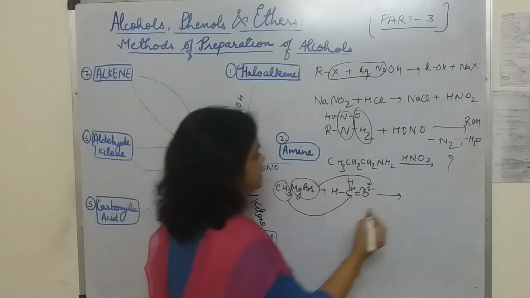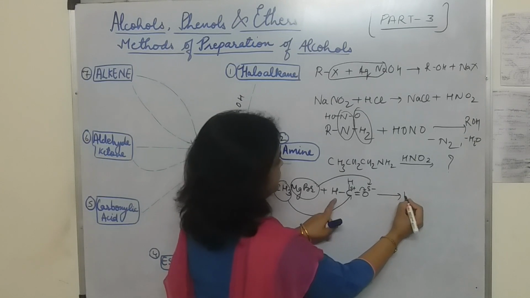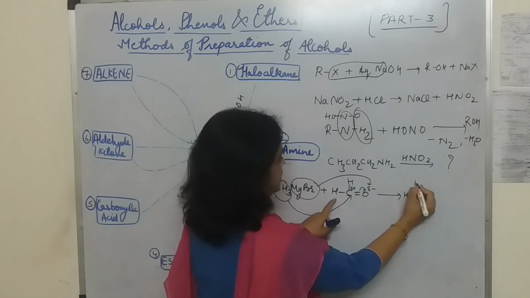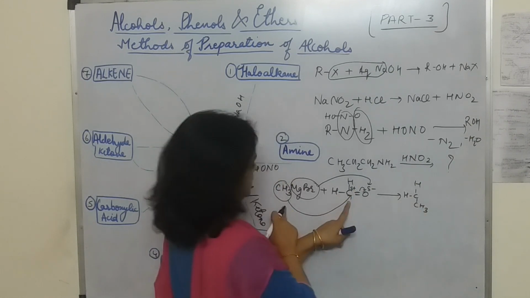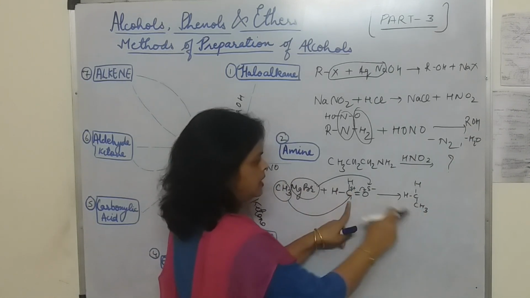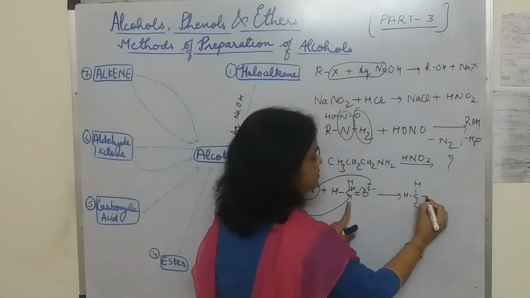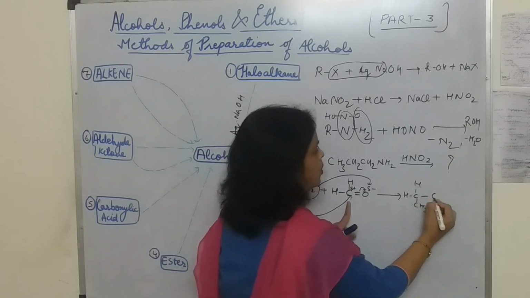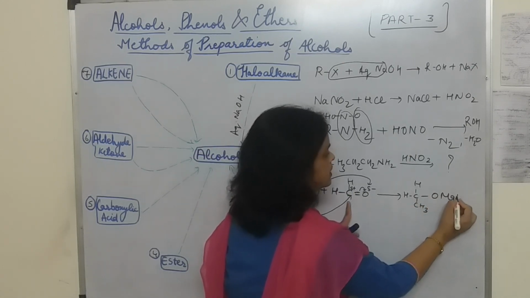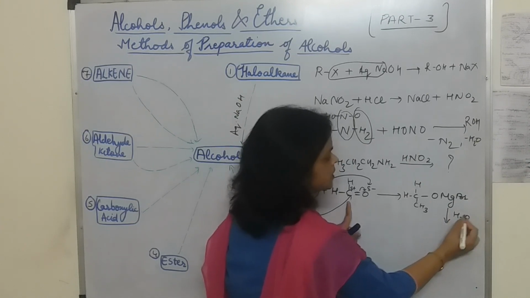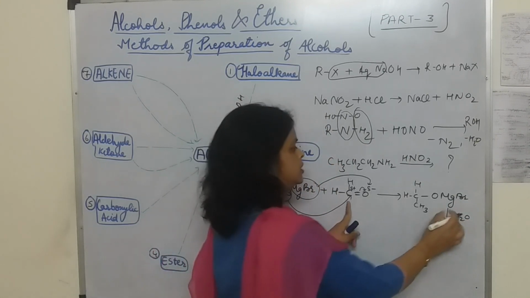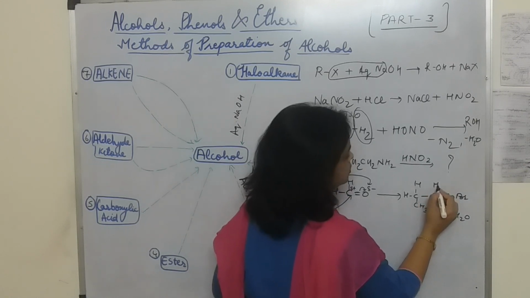Now write the product carefully: H, C, H. To this carbon I will write whatever the alkyl part is, so it is methyl, I have written methyl. Now the double bond will convert into single bond, O MgBr. Now the next step will be hydrolysis. When you make it react with water, how will you write hydrolysis?